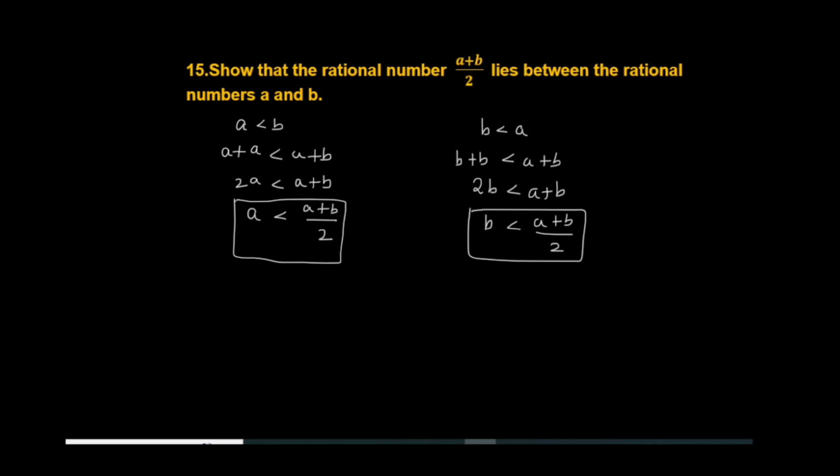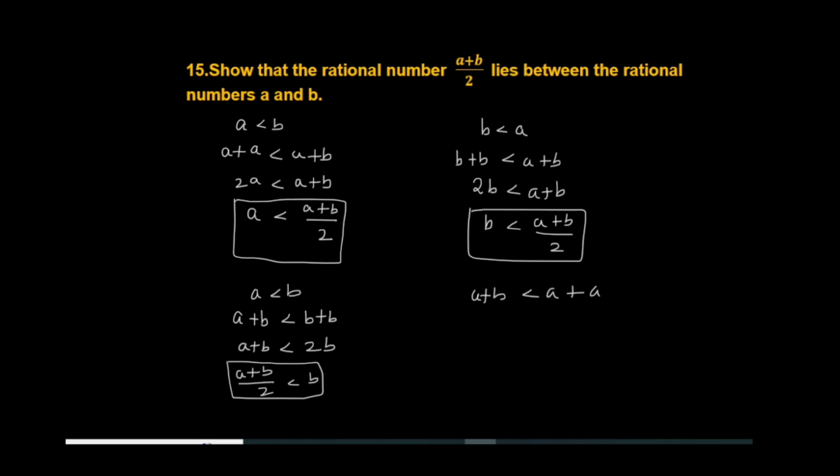Now in the first case I am going to add b on both sides, that is a is less than b, adding b on both sides, a plus b is less than b plus b. Then a plus b is less than 2b, which is nothing but (a plus b) by 2 is less than b. In this case, suppose I am adding a on both sides, a plus b is less than 2a.